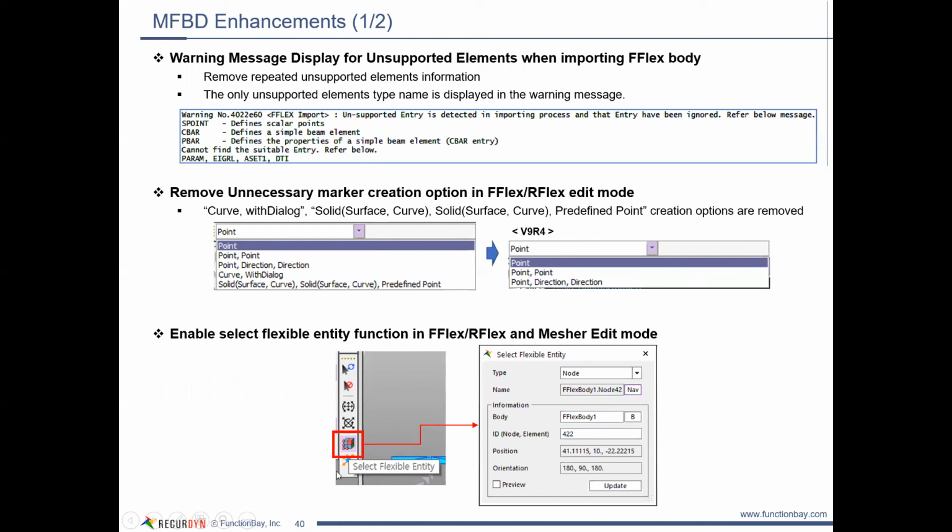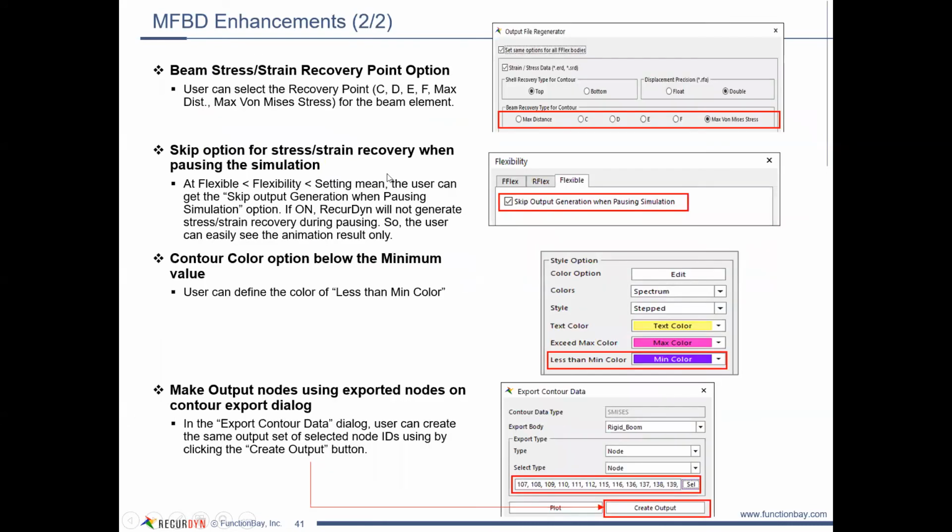You can use this mode or this icon off the toolbar, and then you get this dialog box, and it gives you a chance to select an entity, and then when you select it, you get the feedback about the information on it, and then you can change certain things and click on update. So that's a new tool that can be quite useful.